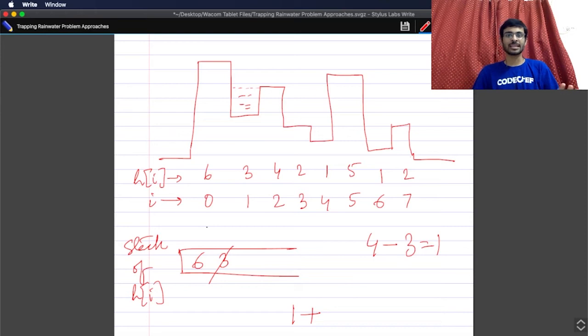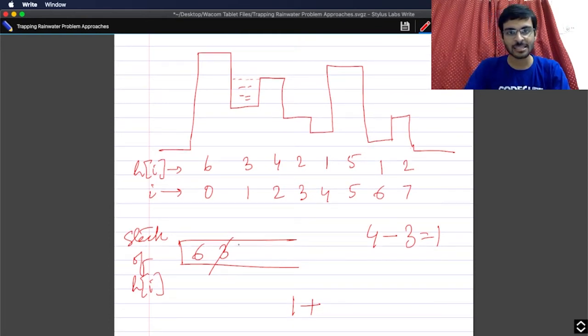Maybe later I may find something greater than me, and then you can help me to store water at my place. So over here it actually says that 4 will not be removing 6. Why? Because when something greater than 4 comes, then that will be helped by this 6 to store water, something like this. So it will say that okay, remember this 6. It will just add itself over here.